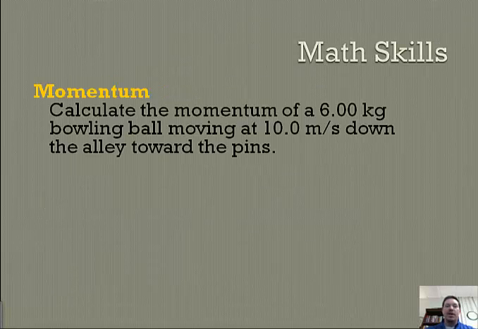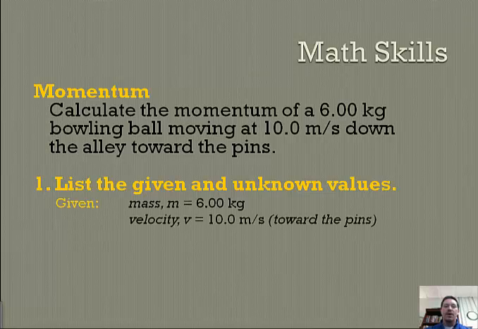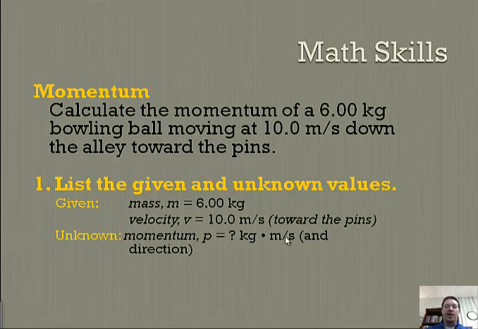Looking at a math problem here with calculating momentum: calculate the momentum of a 6 kilogram bowling ball moving at 10 meters per second down an alley towards the pins. We're given mass is 6 kilograms. This is the unit that we want. Velocity is meters per second. That's also the unit that we want when we're solving for momentum.